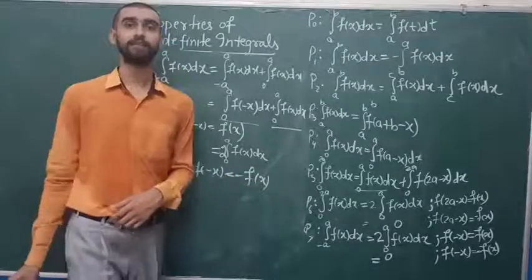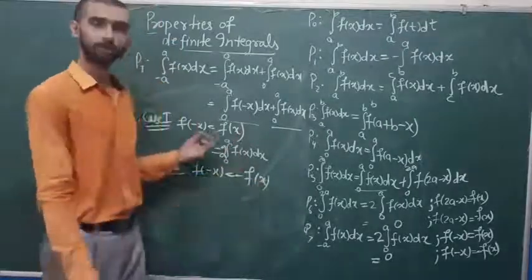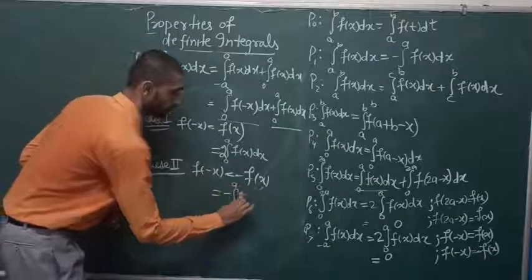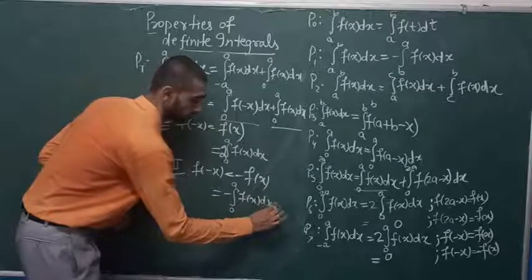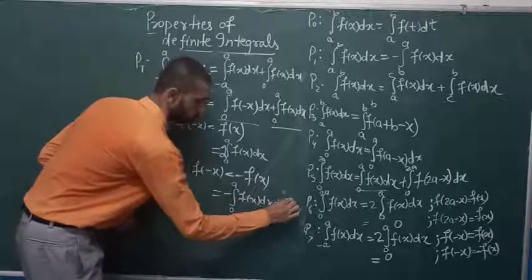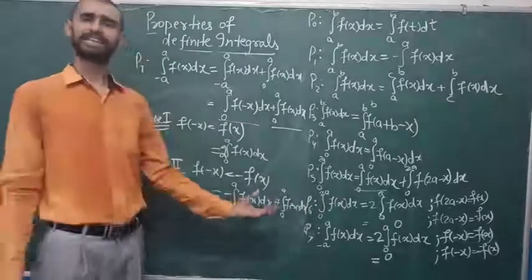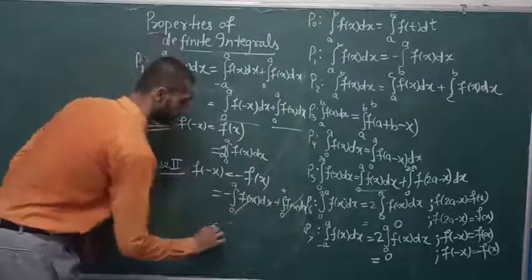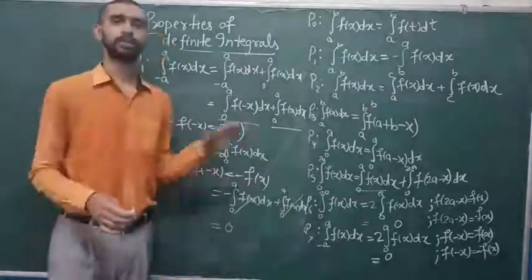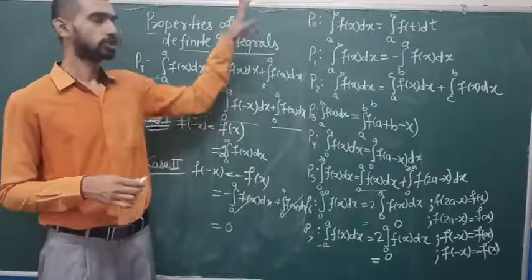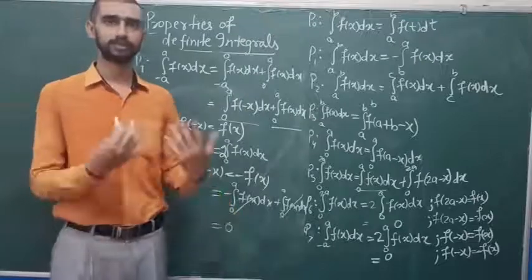For case second, when function is odd, what will become? And these will cancel out and gives 0. This is the proof of our last property of definite integrals. So these are properties and this is the proof.